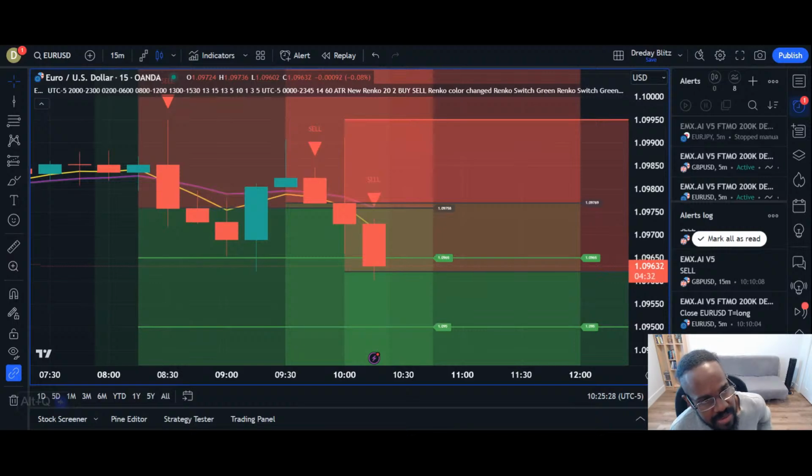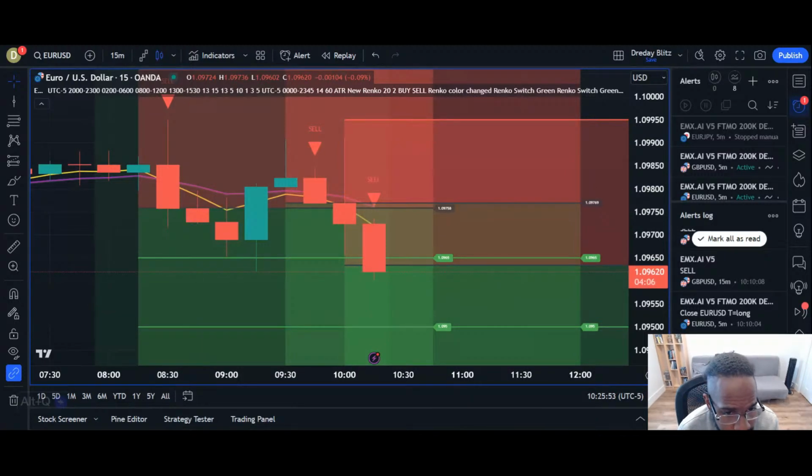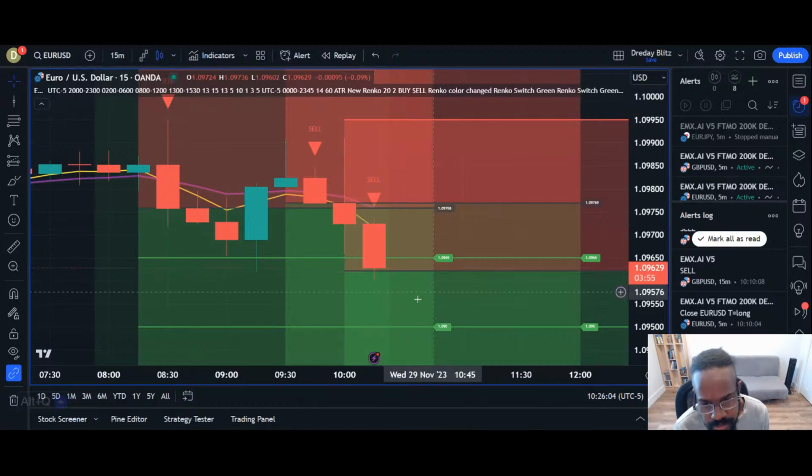Unfortunately, I don't have the settings for that on the live, but just let me know if you were using the settings for the 1 hour Euro USD. It makes sense that it was selling, and that's why it's still continuing going down right now.